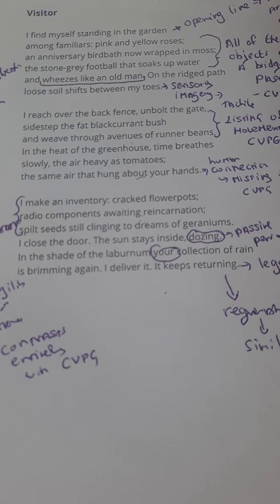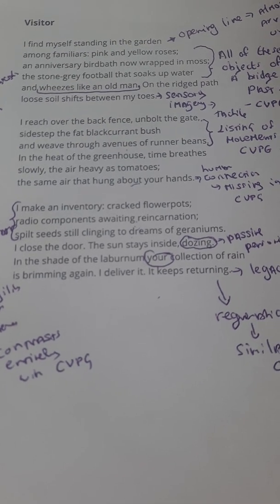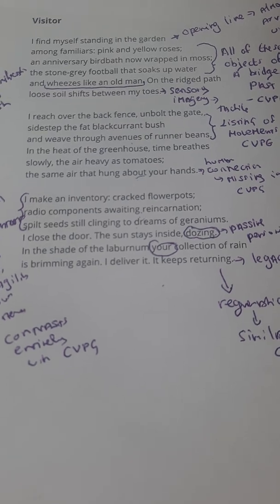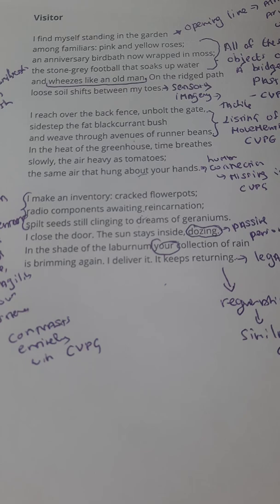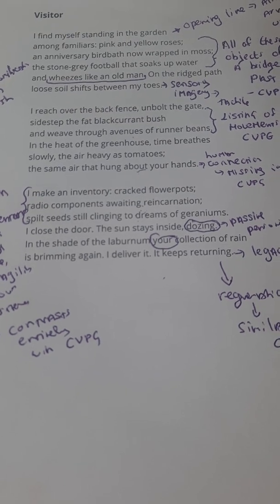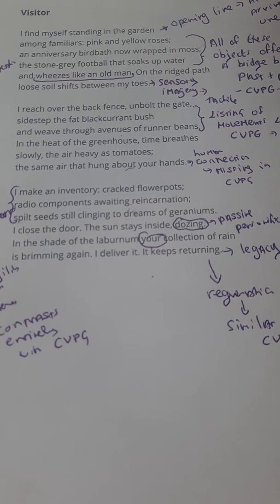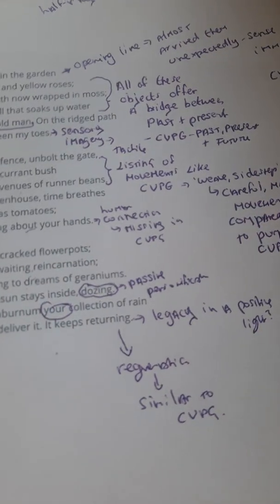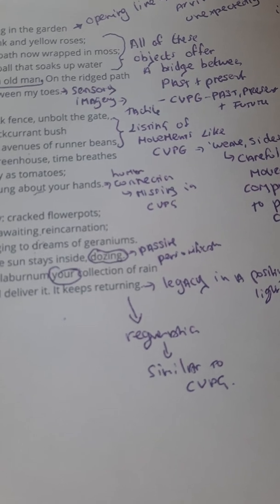"How are we here? Among familiars, pink and yellow roses," lovely colours, lovely sensual colours, very much the opposite of angry, kind of passive colours. "And the anniversary bird bath now wrapped in moss, stone grey football, wheezes like an old man." So I've said here that all of the objects offer a bridge between the past and present.